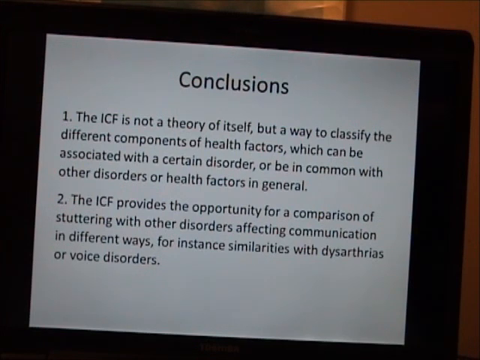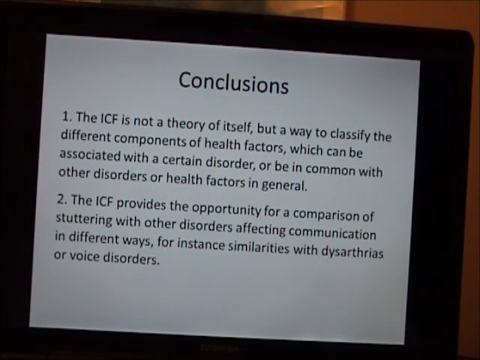Now to the conclusions that I have drawn here, making those studies. Firstly, the ICF is not a theory in itself, but a way to classify the different components of health factors which can be associated with a certain disorder or be in common with other disorders or health factors in general.